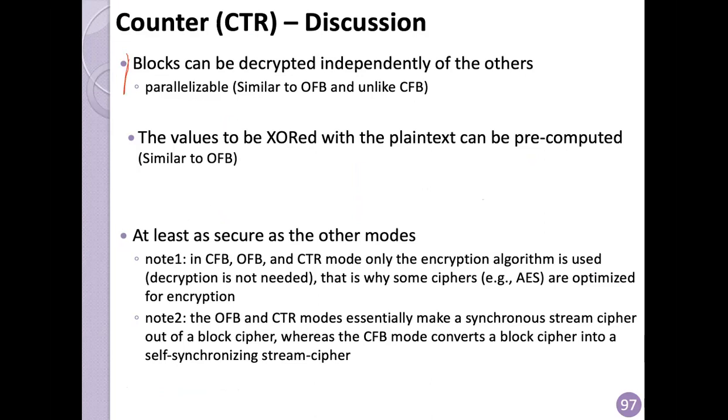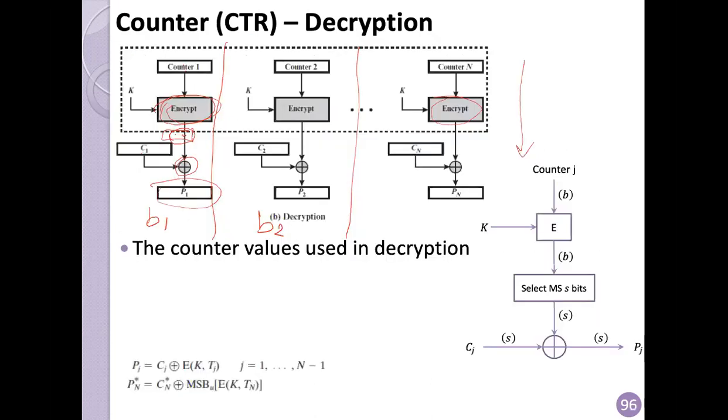And the values to be XORed can be even pre-computed. It means that, for example, I know that I'm the receiver side. I want to decrypt, let's say, 20 blocks that you will be sending me. I have not received the ciphertext yet, but I know the counters and I know the key, of course. I start producing output 1, output 2, all the way to output 20.